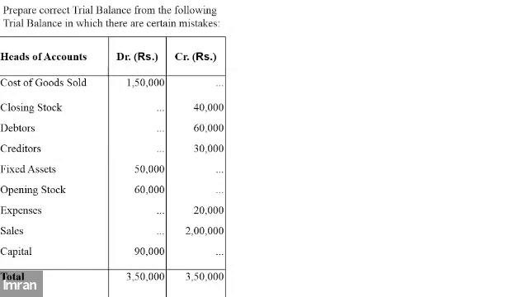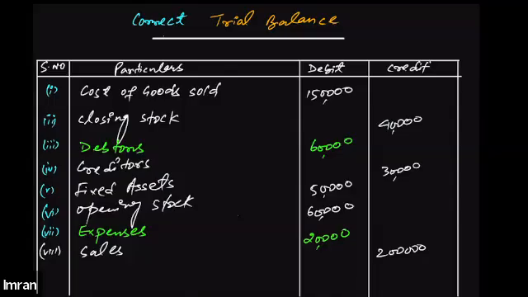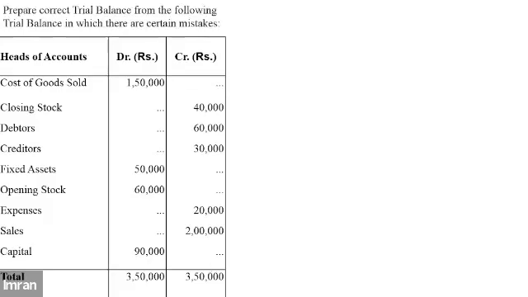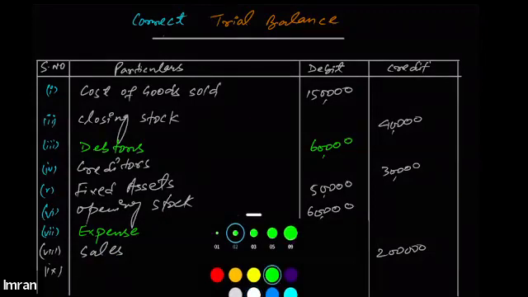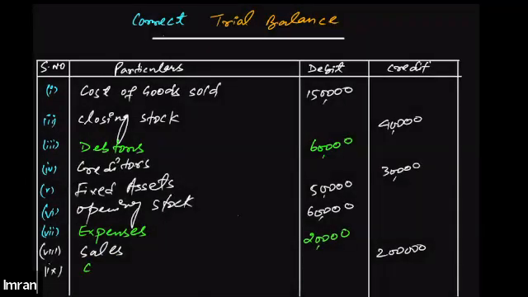Sales should be recorded on the credit side since it is a revenue. Now one last item, capital. Capital always has a credit balance. Let's see on which side of the trial balance it is written. Okay, so capital is written on the debit side of the trial balance, which is a mistake. Now we will record this on the credit side.